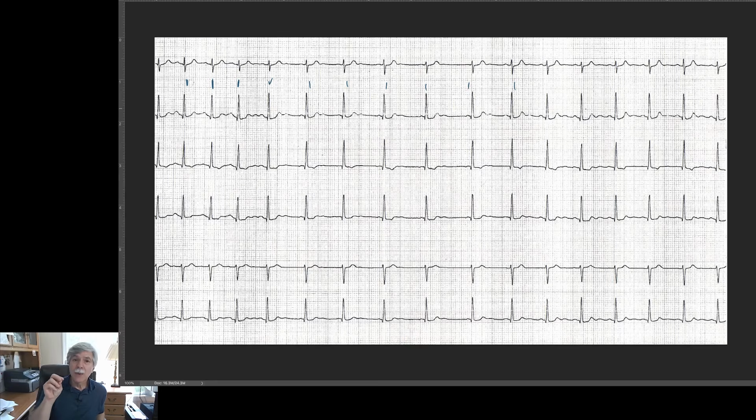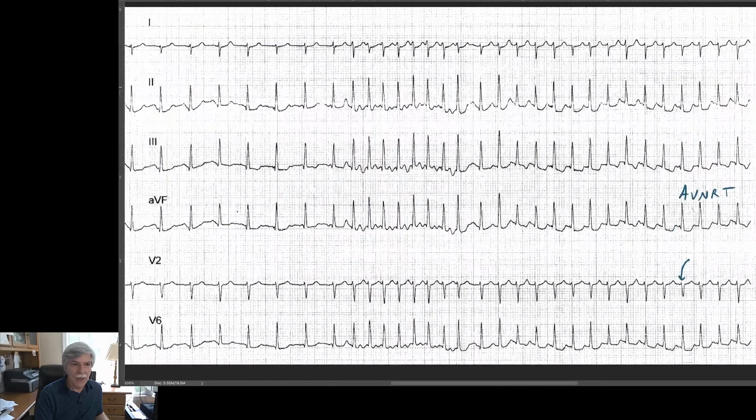So it looks like there was an automatic focus in the atrium, may have been triggered by the adrenaline that's released during the stress test. So it starts to fire, and those first few beats, probably, if I had to guess, were maybe an automatic focus.